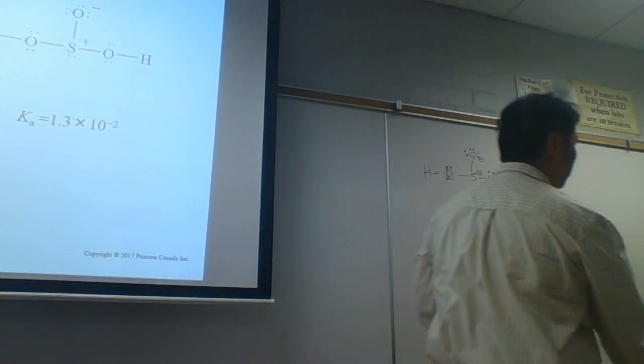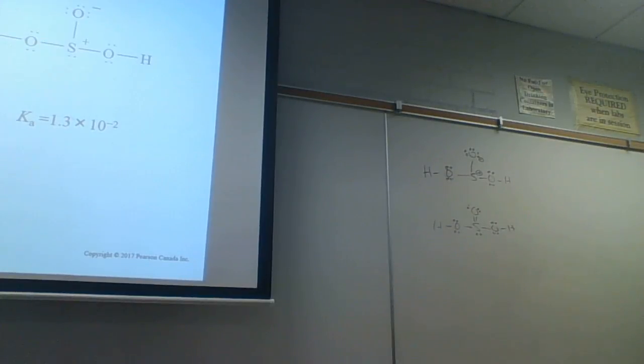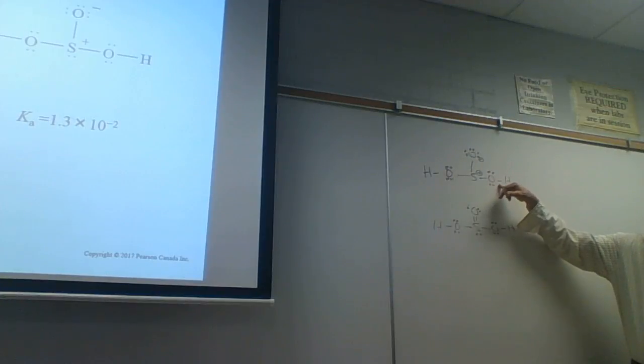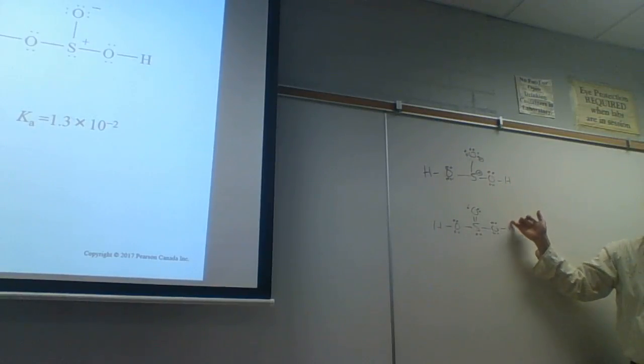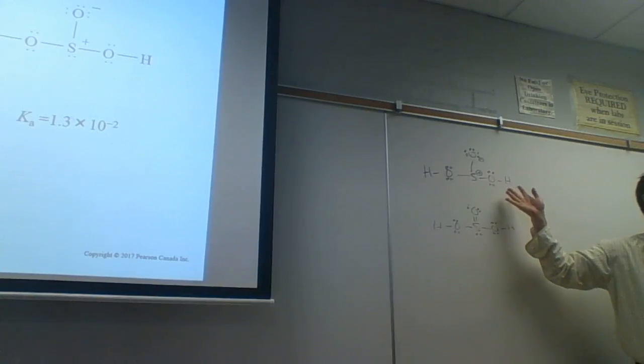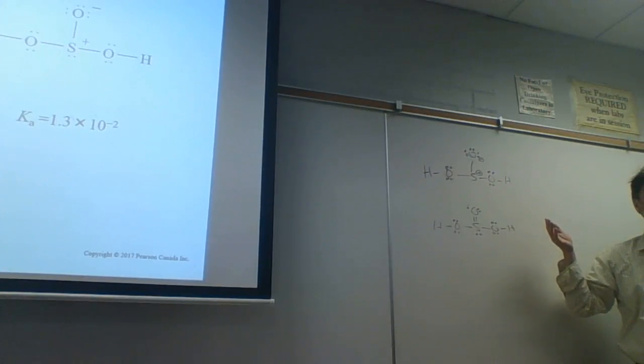The actual structure, when we come up with these structures, doesn't have to be this one or this one. What we can do is get a hybrid, some structure between the two, which is going to have a certain percent d orbital participation.